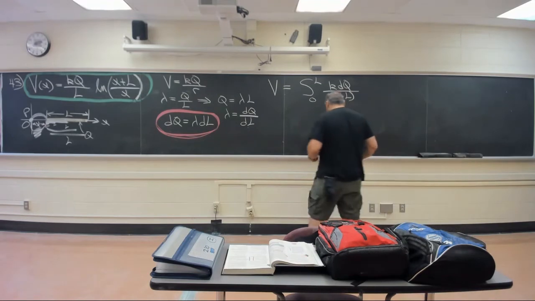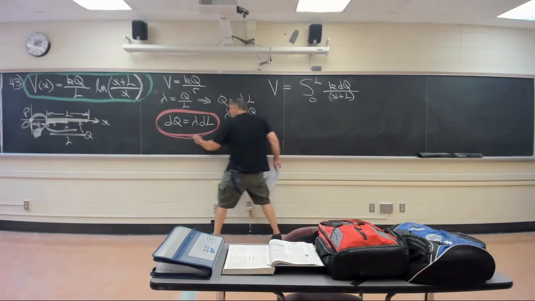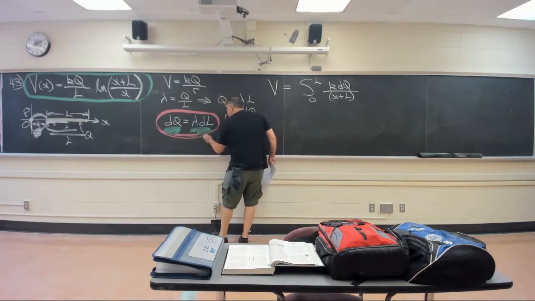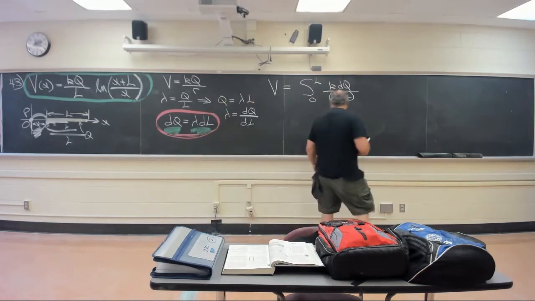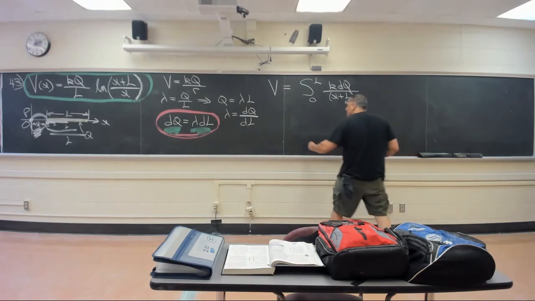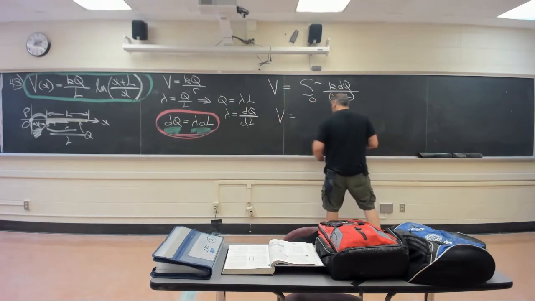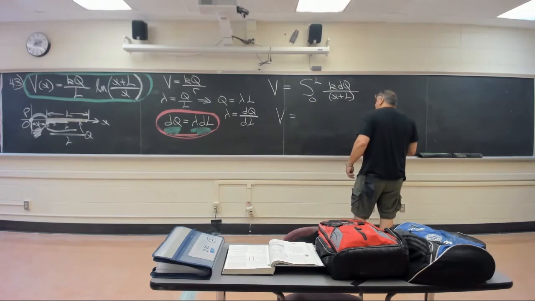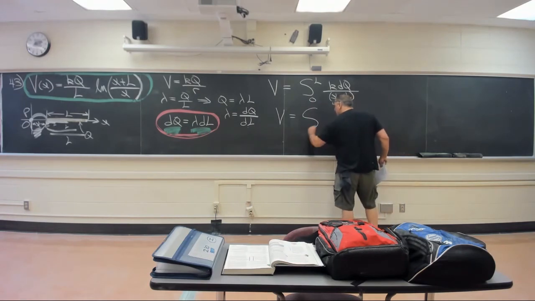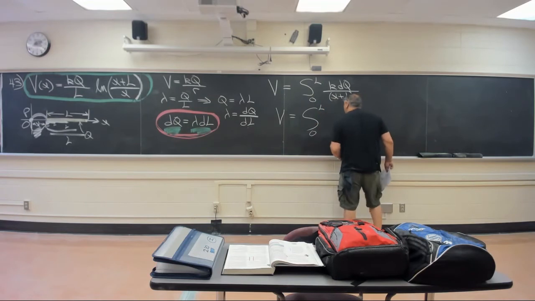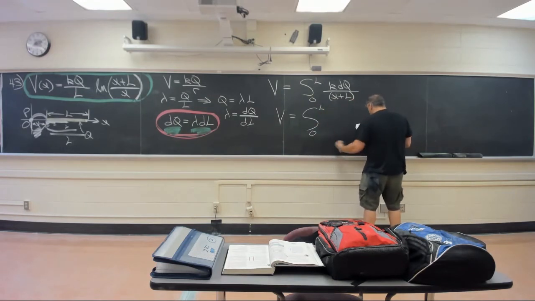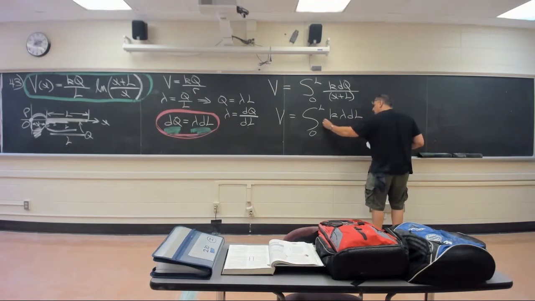But what does that mean? Well, it means a lot. It means we know that dq is lambda dl. So you've got lambda dl from 0 to the constant L, now using the variable L. Didn't we say that dq was lambda dl?